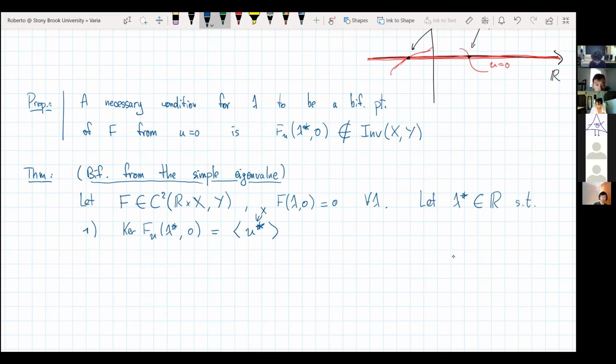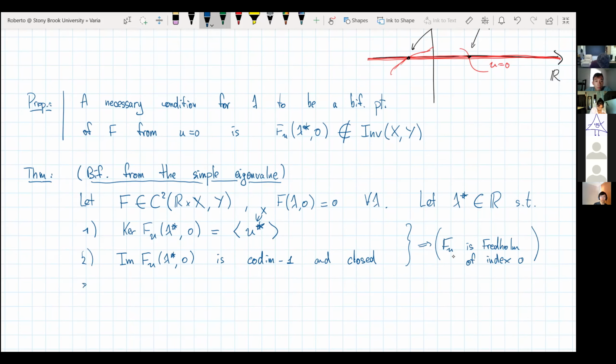The second thing we need is that the image of f_u at lambda star, 0 is of codimension 1 and it's closed. So these things together imply that f_u is Fredholm of index 0. Well, that's whatever.